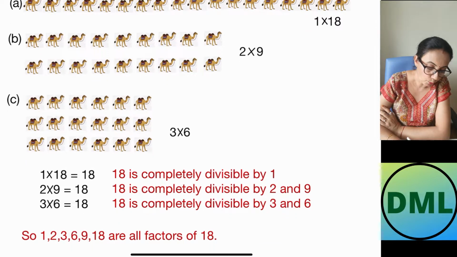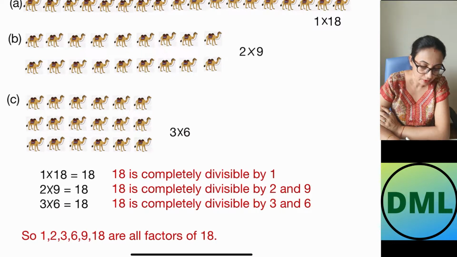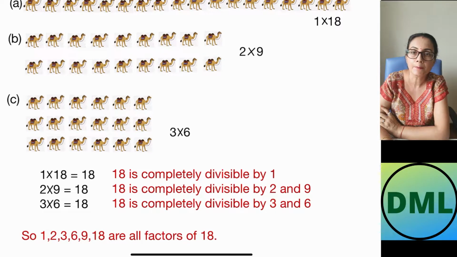We have 1 cross 18 here, 2 cross 9 here and 3 cross 6 here. 1 cross 18 is 18, 2 times 9 is 18, 3 times 6 is 18. If 1 cross 18 is 18, that means 18 is completely divisible by 1.